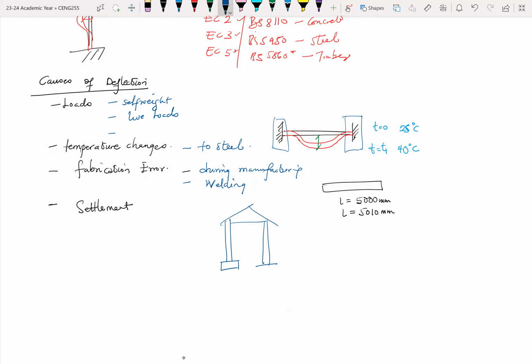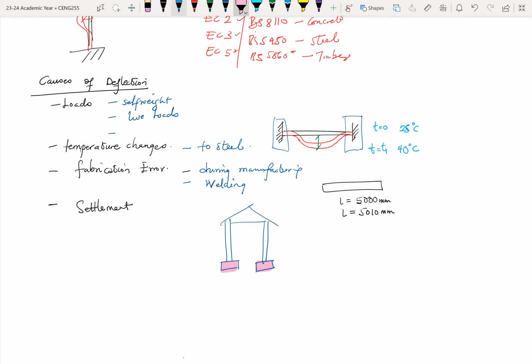Oops, the footing should all be on the same level. Let me just make sure they're on the same level. Okay. So I'm guessing we all know what footings are. If not, we'll look at them maybe going forward. So the foundation, right? So this is the foundation.